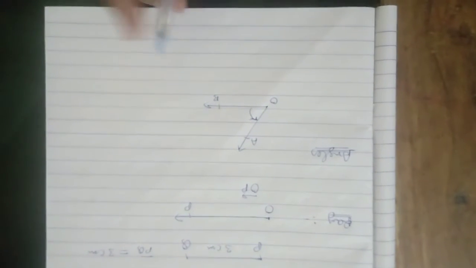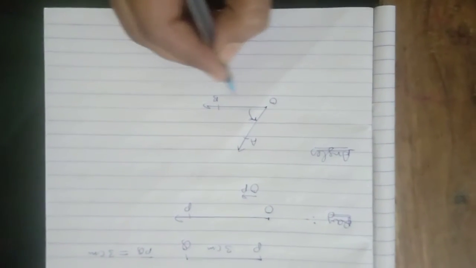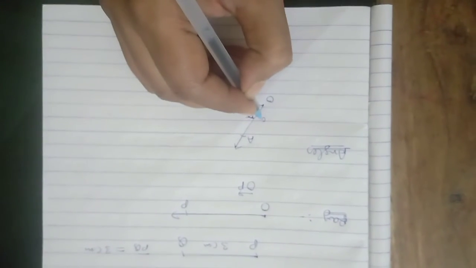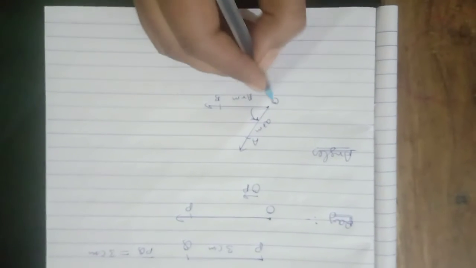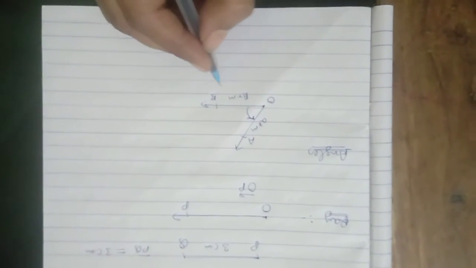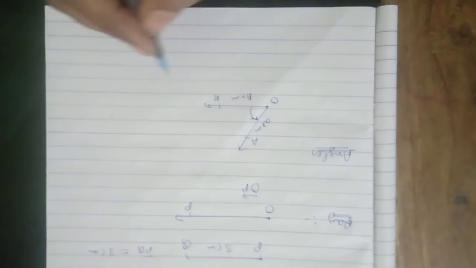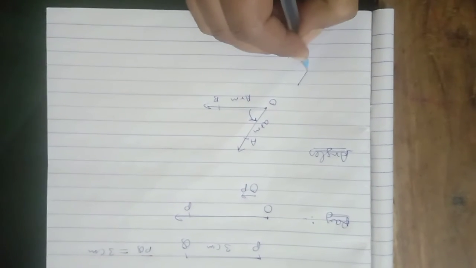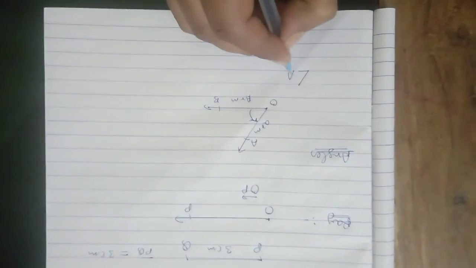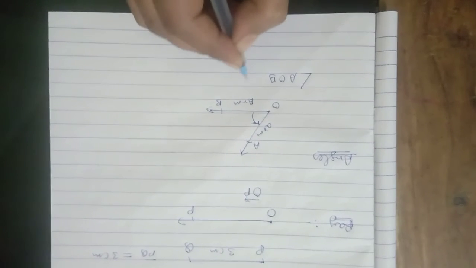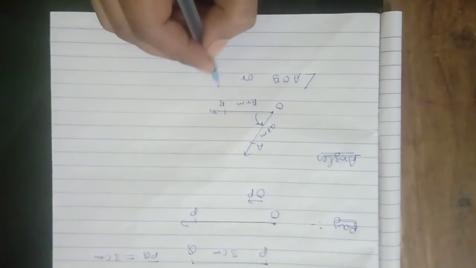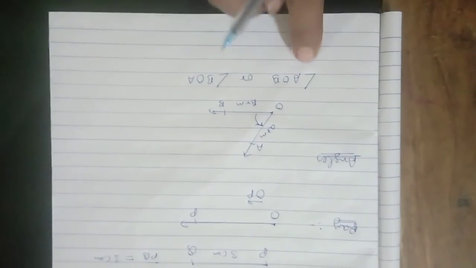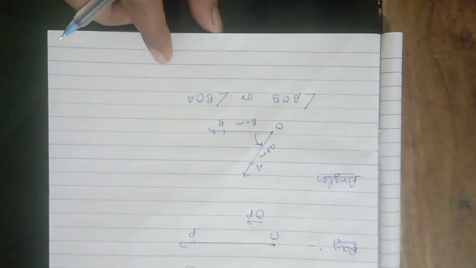Okay, so OB is called an arm, OA is also an arm. This point is called the vertex. The space between them is our angle. So we can write the name of the angle like this, angle AOB, or starting from the other side, angle BOA. We can write the angle both ways. I hope it is clear.